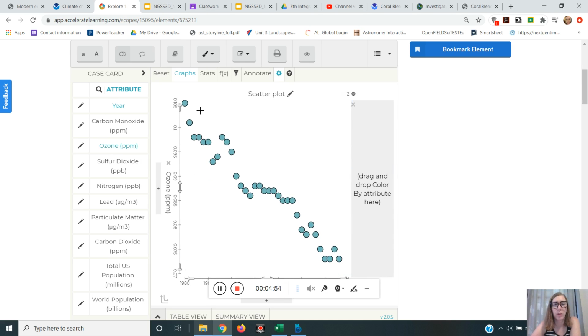Okay, and that's normal in real science data. You're going to have a little bit of fluctuation. You might have some years that go up and some years that go down. But overall, the trend of our data is that the amount of ozone, which protects us from UV radiation, by the way, has decreased.